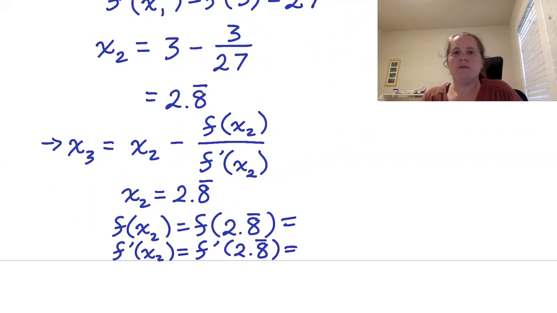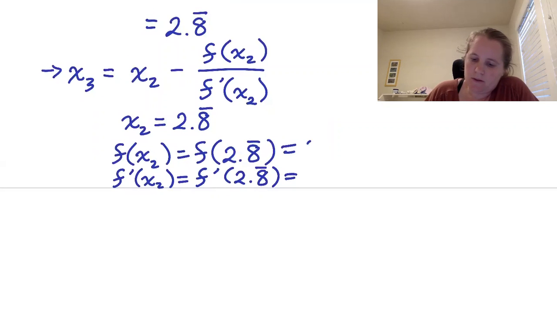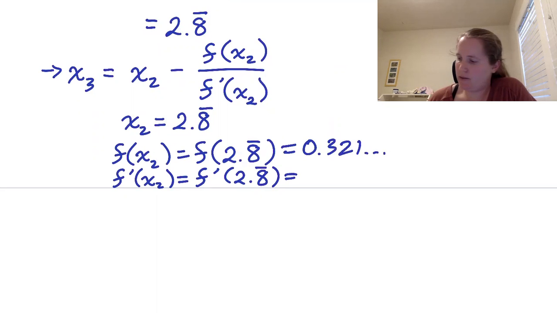So if we plug those into our calculator, we wind up getting f of x2 is 0.321, and f prime at x2 is 21.327.